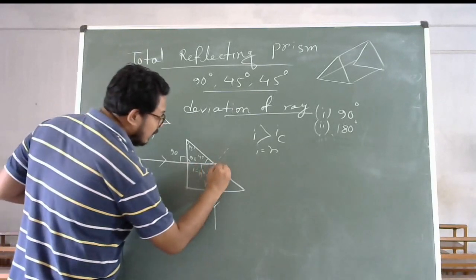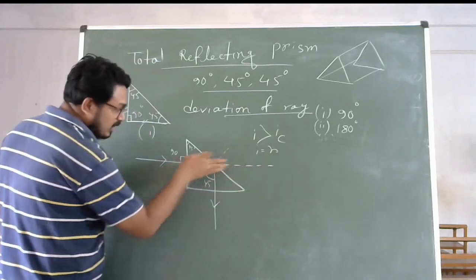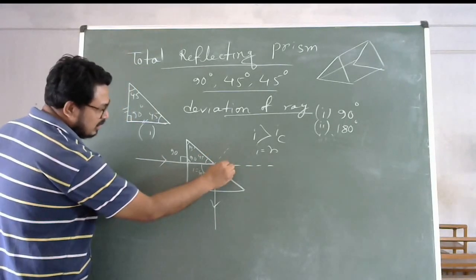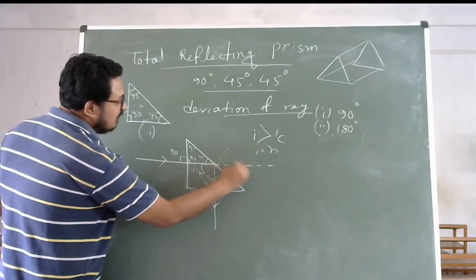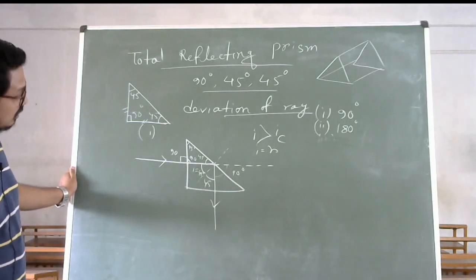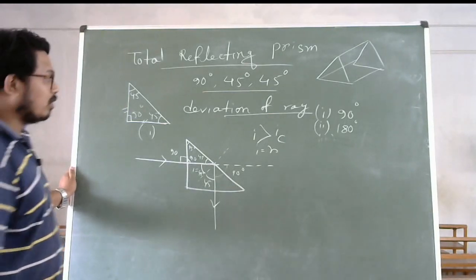Now the ray was supposed to go in this direction, but it changed direction. So this angle is also 90 degree. That means the deviation is by an angle 90 degree. The same you can draw for 180 degree also.